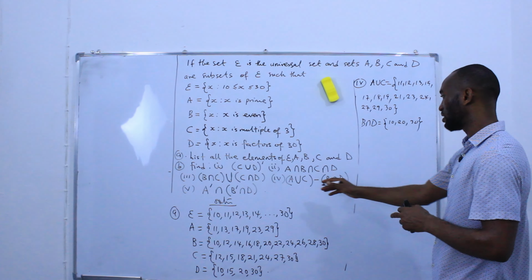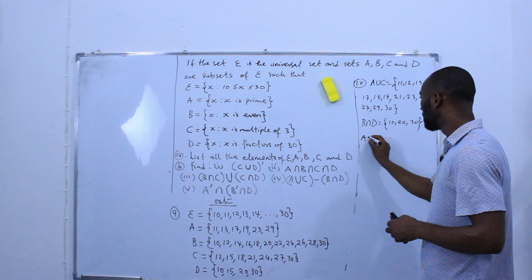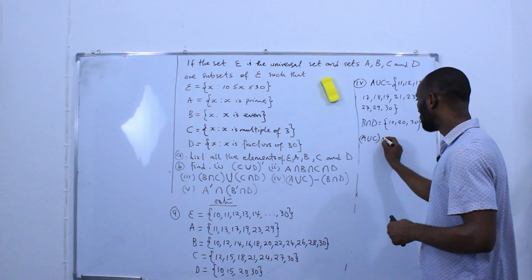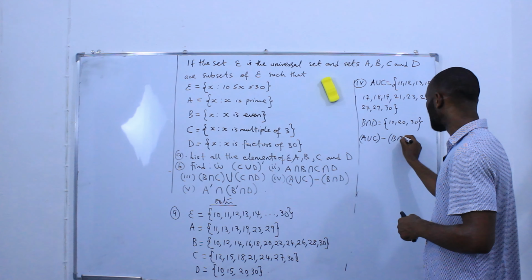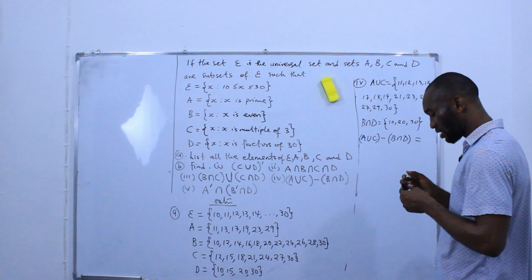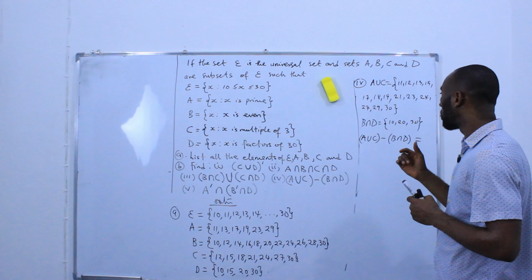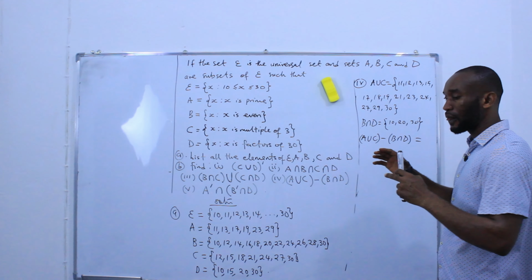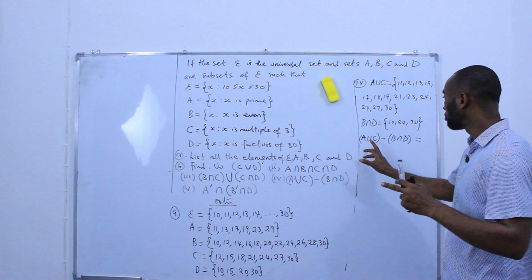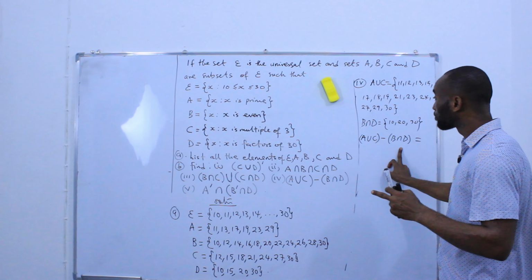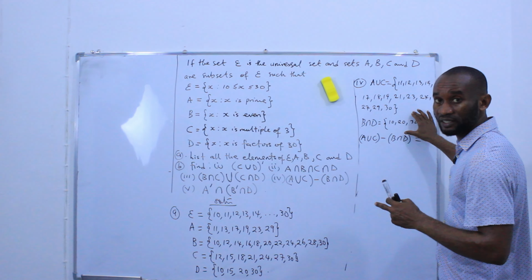Now we take everything together. A union C minus B intersection D. Now how we solve difference is to get the elements that are common between these two from the set already listed.